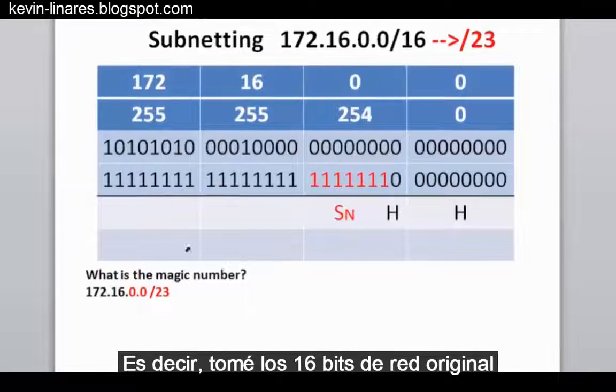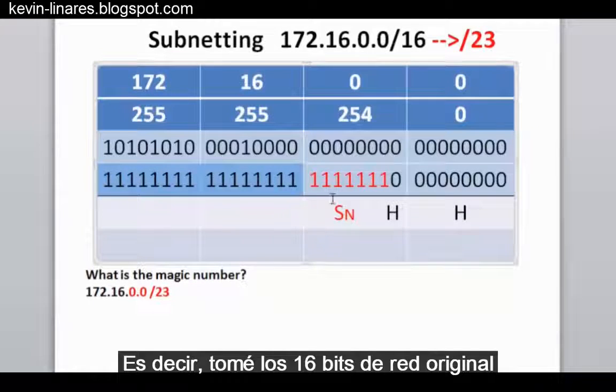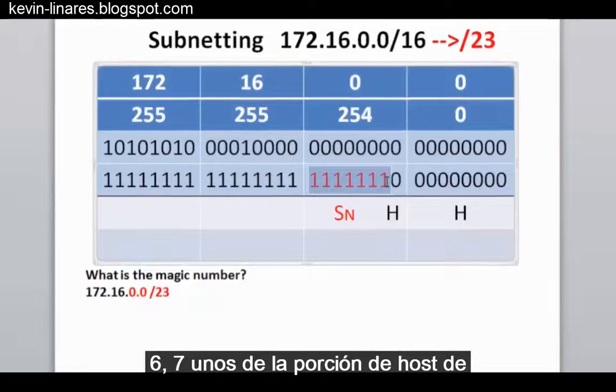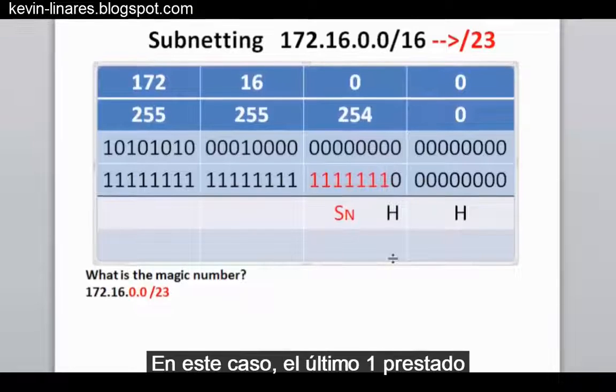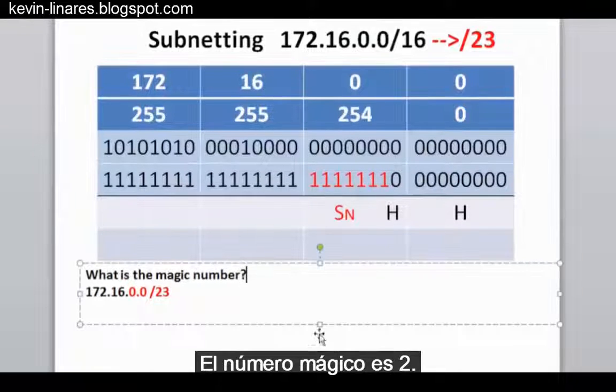In other words, I've taken the original 16 network bits and borrowed 1, 2, 3, 4, 5, 6, 7 ones from the host portion of the subnet mask. In this situation, the last borrowed one is in the 2's place. So the magic number in this situation is 2.